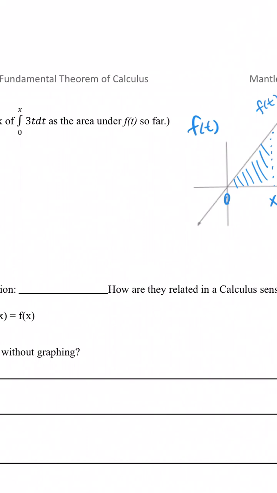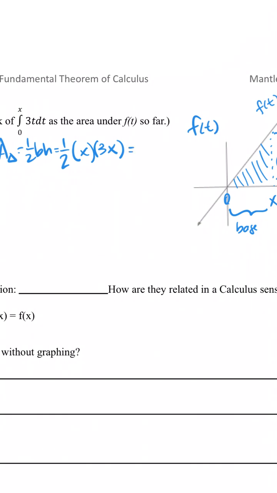And so I can find the area of a triangle, 1/2 base times height. My base is whatever this distance is, and that's going to be x. And then my height is going to be the value of the function at x, which is 3x.